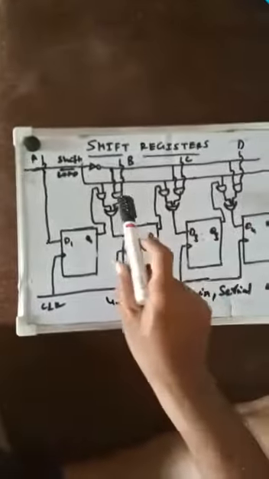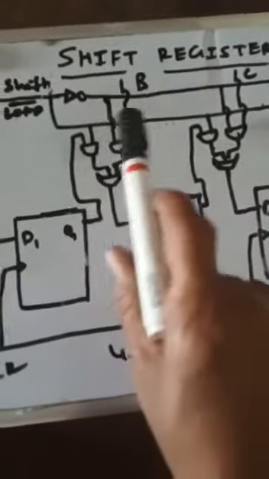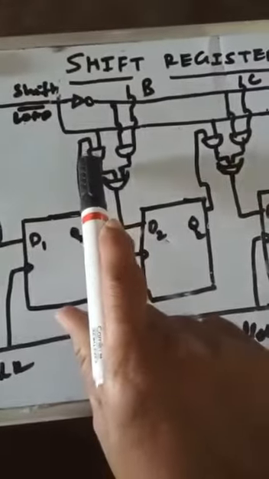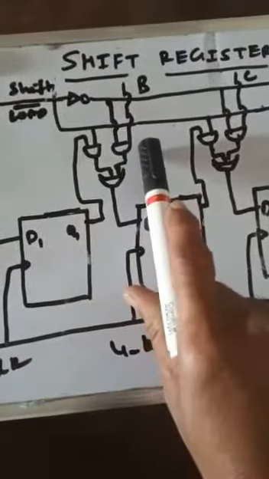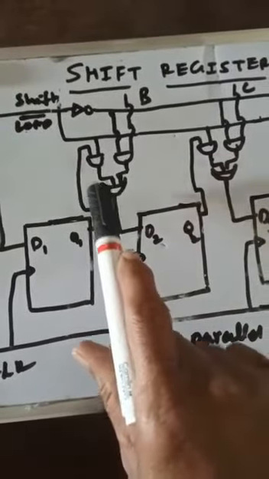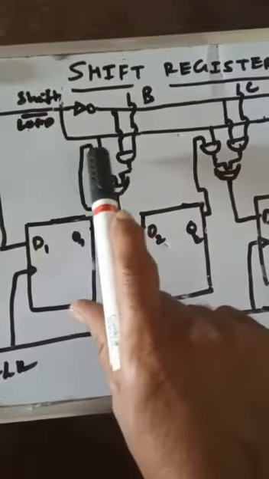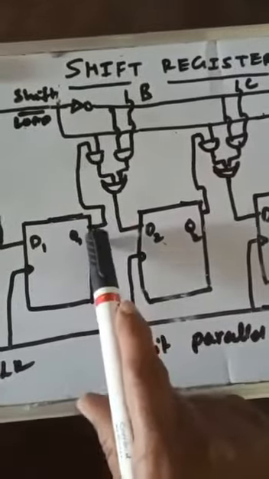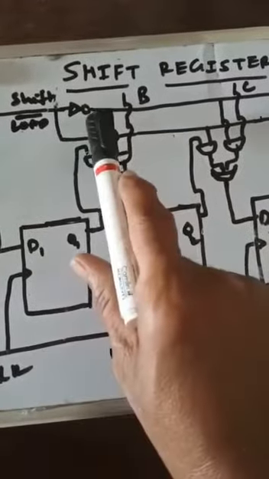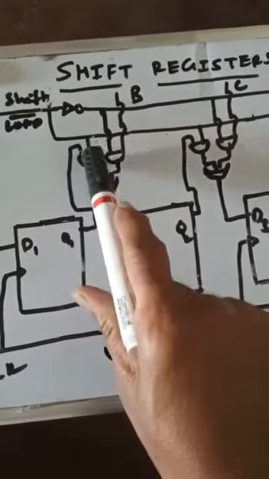So here, before going to the explanation of this operation, let us discuss this small circuit. This is one AND gate, and this is another AND gate, and this is an OR gate. That means this AND gate has 2 inputs, the output of this, and similarly this input.